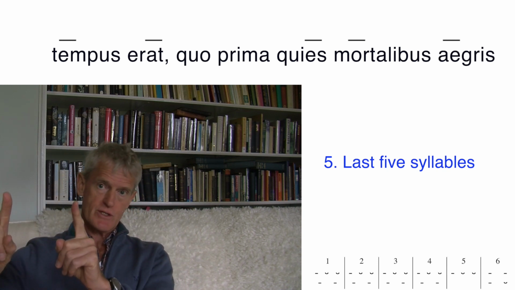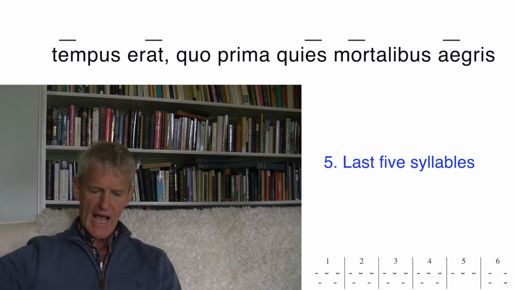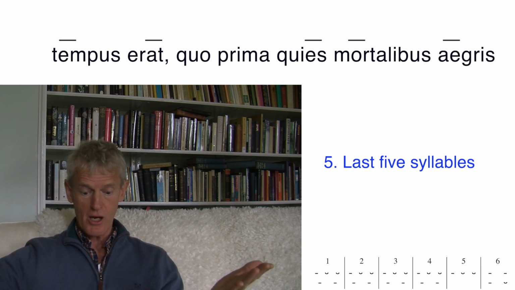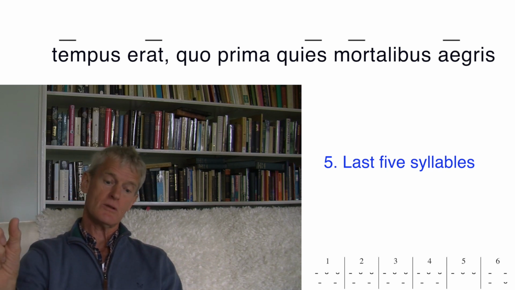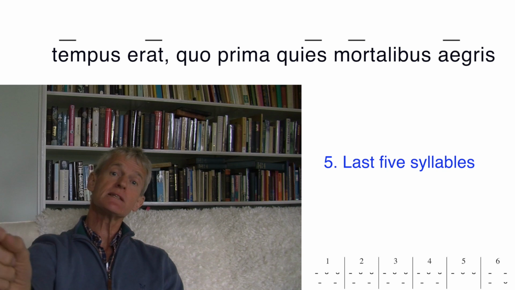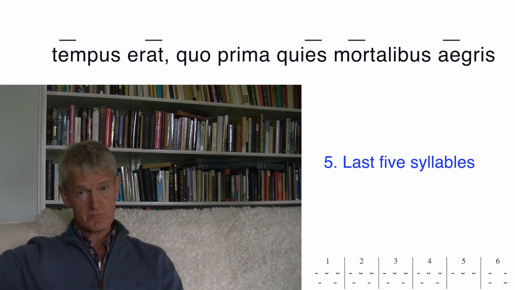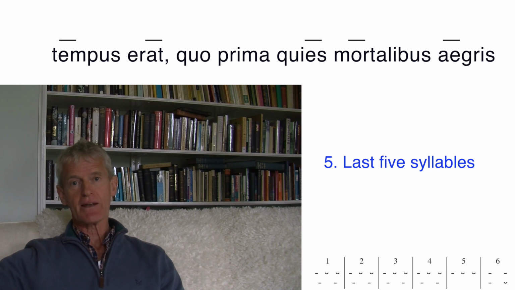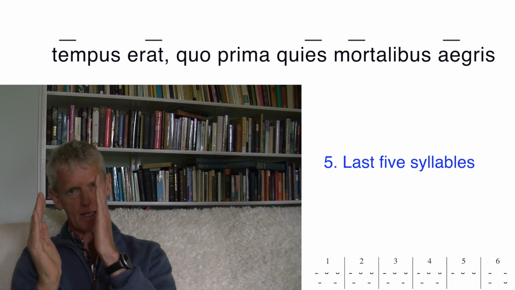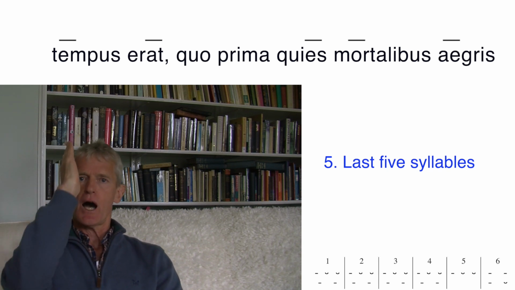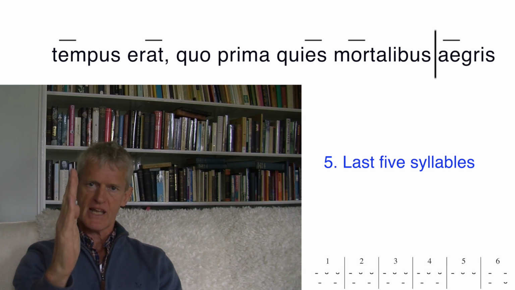Nail the last foot, which is 2 syllables. It's either da da or da di. And we've already marked the AE as long, so it's I, and then the last syllable, it's either I grease or it's I gris. Okay, so we can finish it off, and as I finish a foot, in other words, I know that I've got either my dactyl or my spondee in it, I then mark the vertical line to say that foot is nailed.